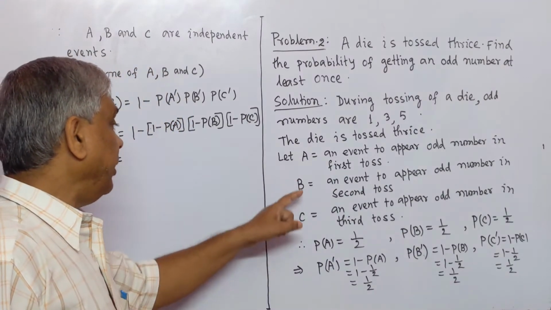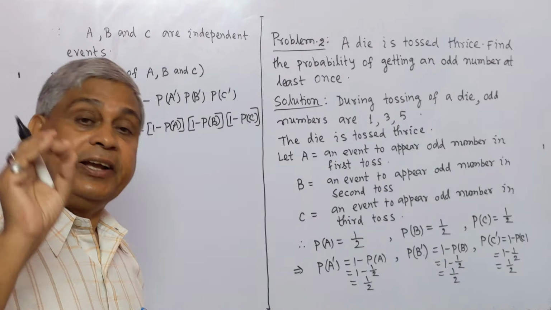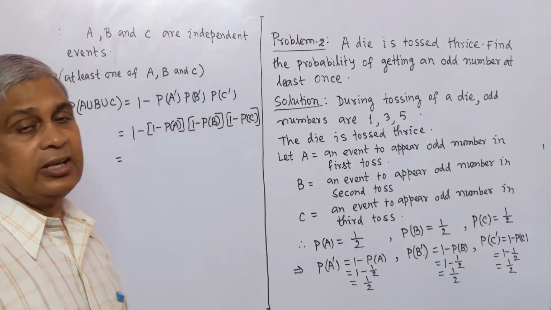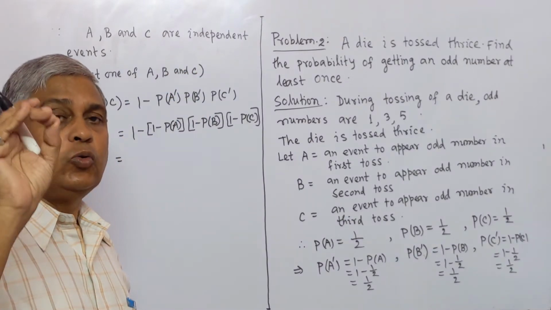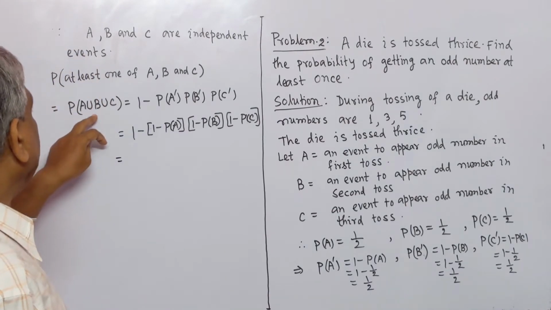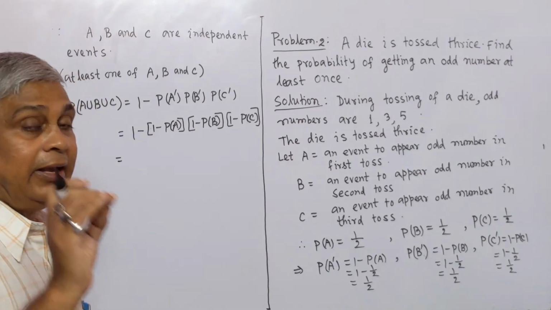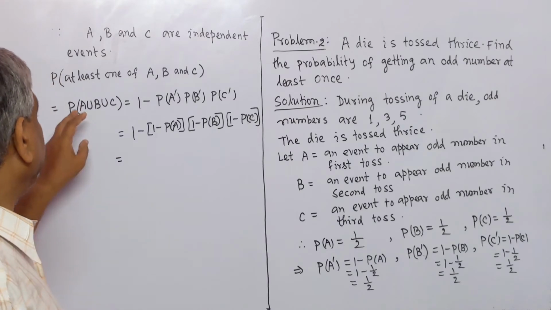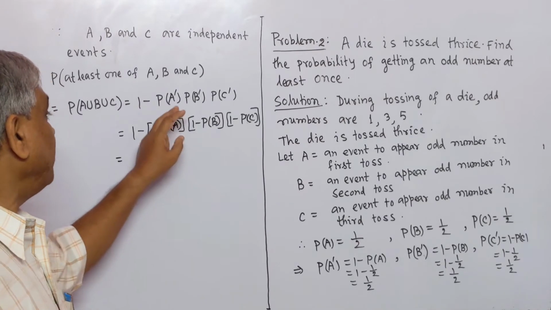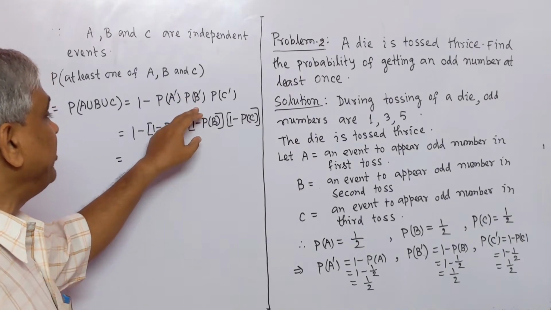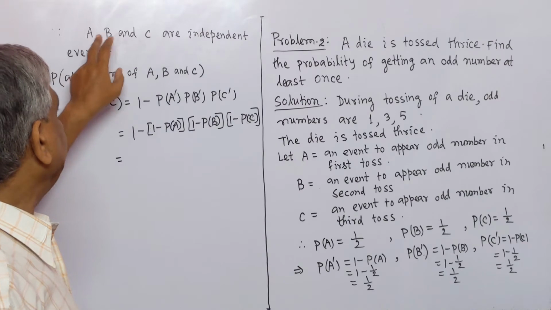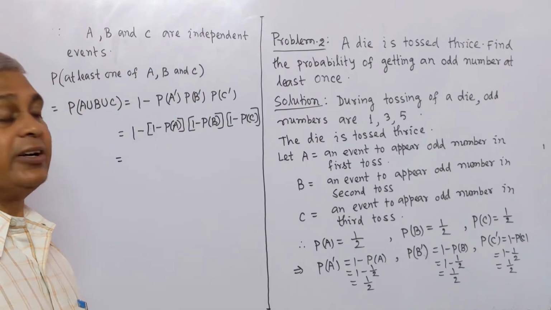Since A, B and C are independent events, probability of at least one of A, B and C, that means at least one odd number appears, equals probability of A union B union C, and by the complementation rule we know that probability of A union B union C equals 1 minus probability of complement of A multiply probability of complement of B multiply probability of complement of C, for A, B, C are independent events.